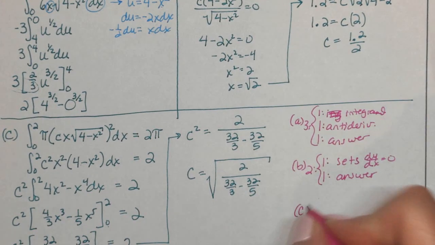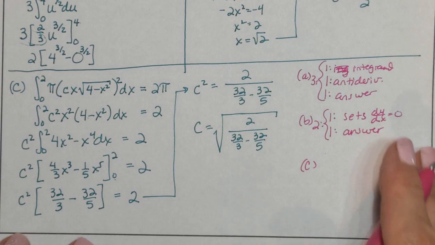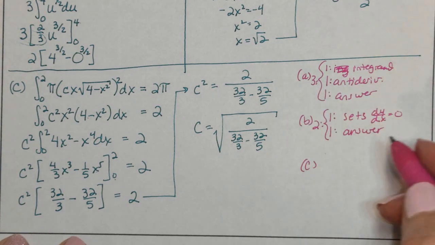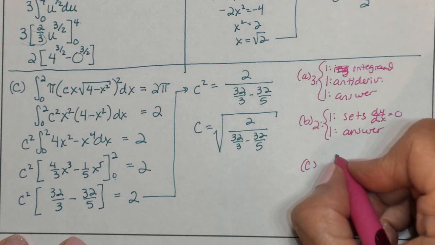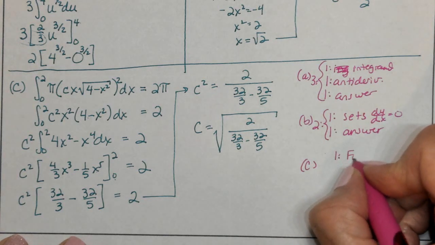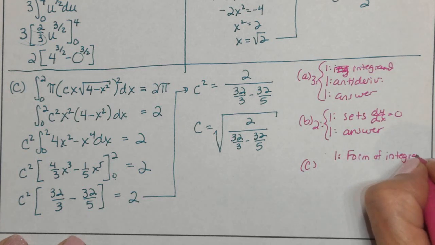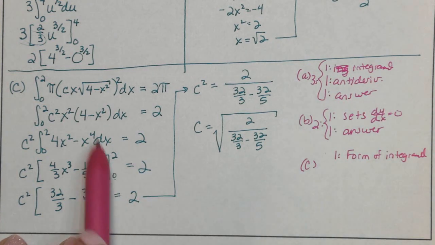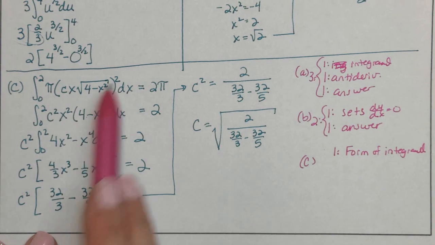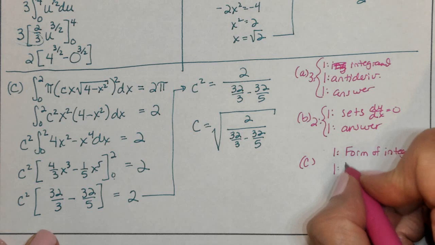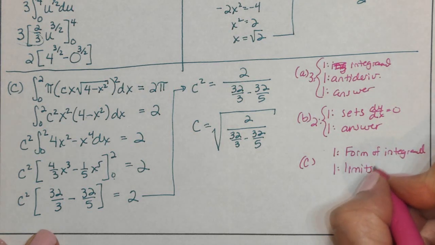Part C was clearly worth 4 points because every FRQ is worth 9 points. 1 point was for the form of the integrand. I'm assuming it's like pi r squared. 1 point was for the limits and the constant.